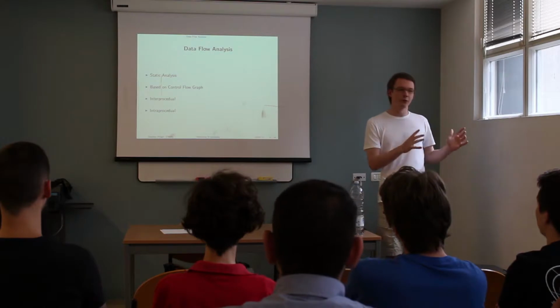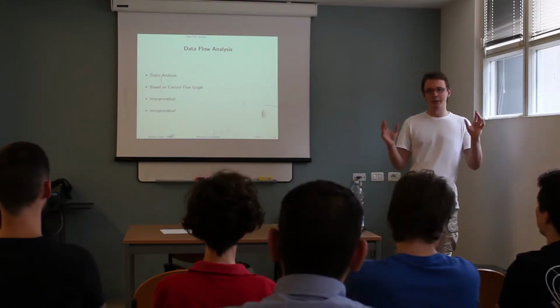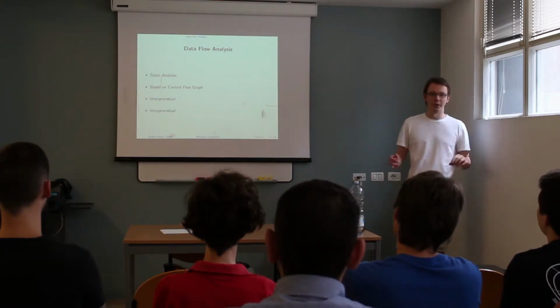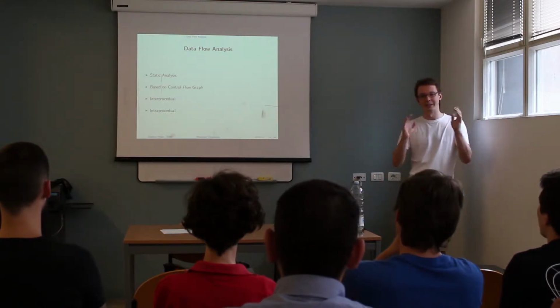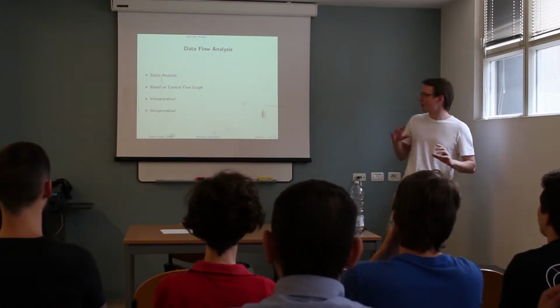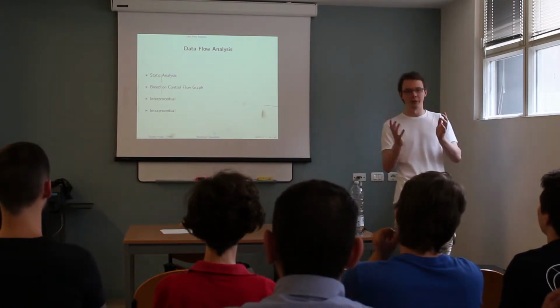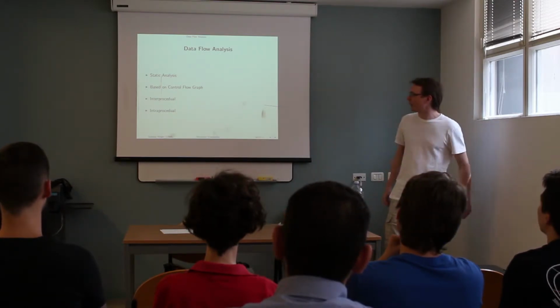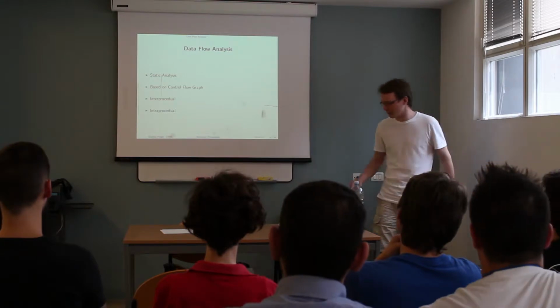There's an interprocedural part, which is the connections between functions, and there's the intraprocedural part, which is the analysis inside of the function. Today I will most of the time talk about the intraprocedural part, and just talk a little bit about the interprocedural part.